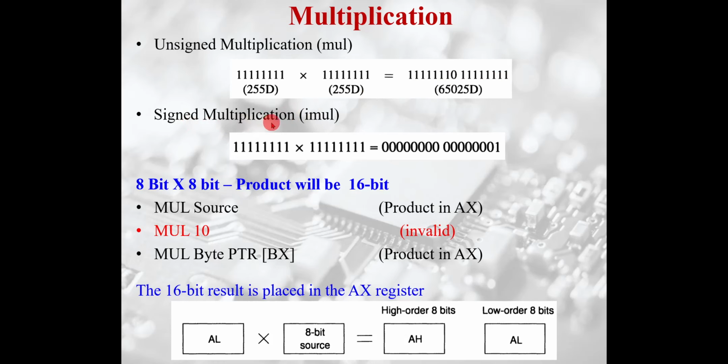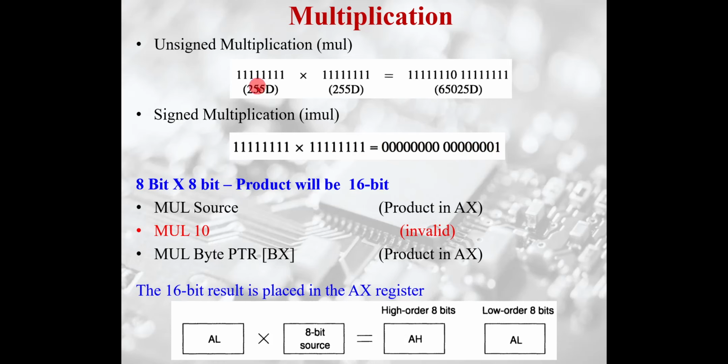The microprocessor doesn't know whether the data which you write is signed or unsigned, right? But it is your algorithm. If you are considering this as a signed multiplication, then this represents -1 and this represents -1, and you would expect the microprocessor to multiply -1 and -1 and give you a result of +1.